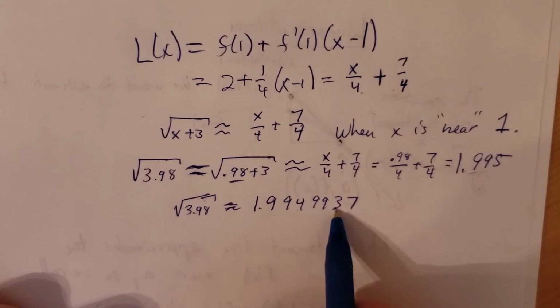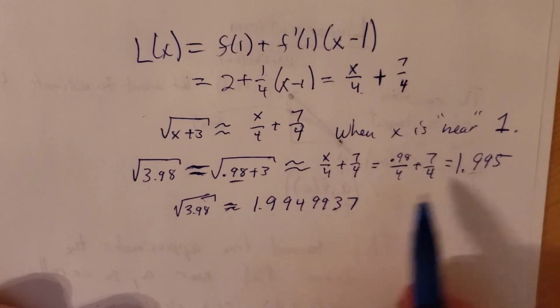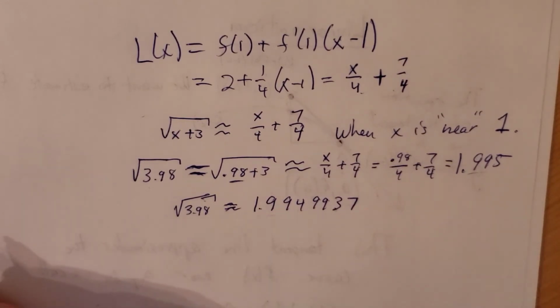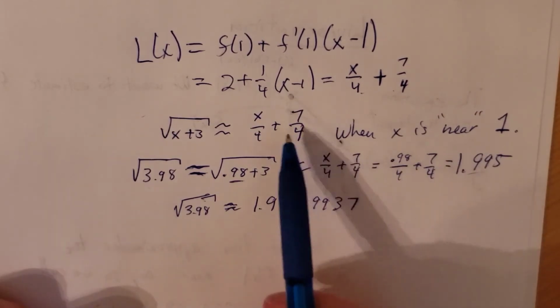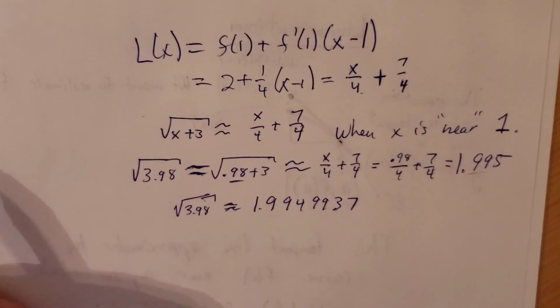Yeah, we're off by a little more than 6 millionths from the correct answer. Which is a pretty good approximation. Especially for how quick this kind of an estimation was, how quick that calculation was.